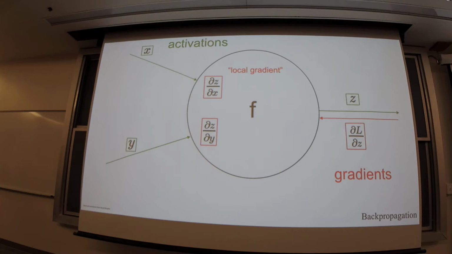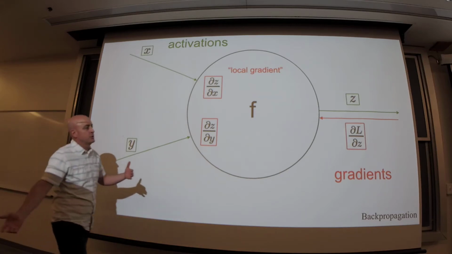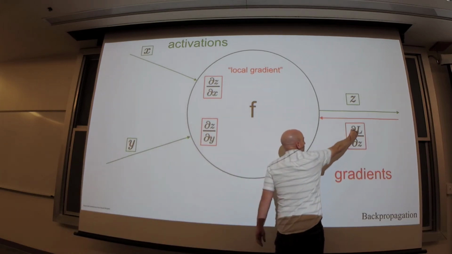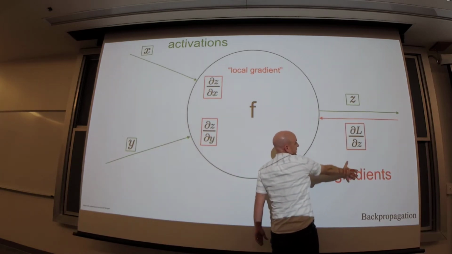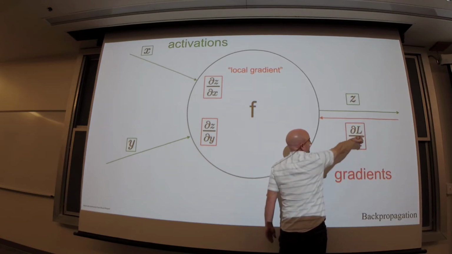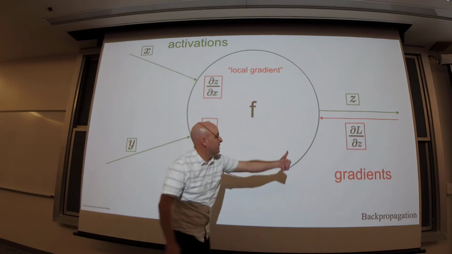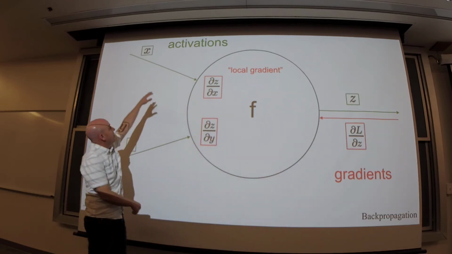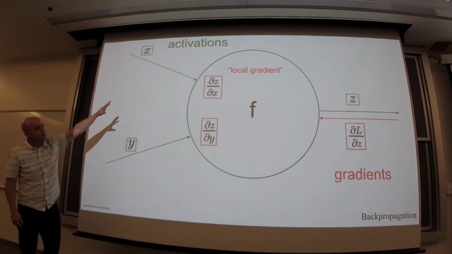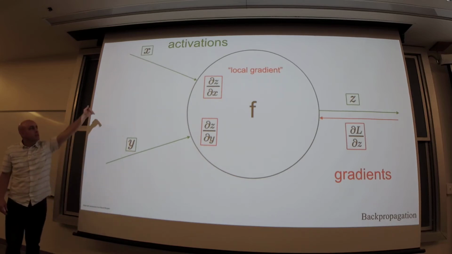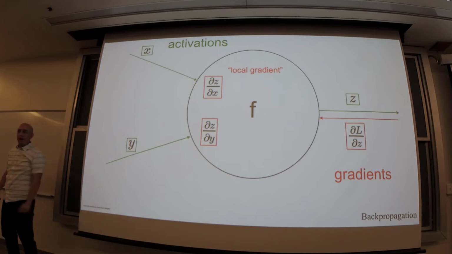Then, through this algorithm, we're just accumulating gradients as we go, so that at this step in the process, we know the partial derivative of our loss with respect to z, which is our output here. We want to backpropagate that information now to the partial derivative of the loss with respect to the inputs here, x and y.